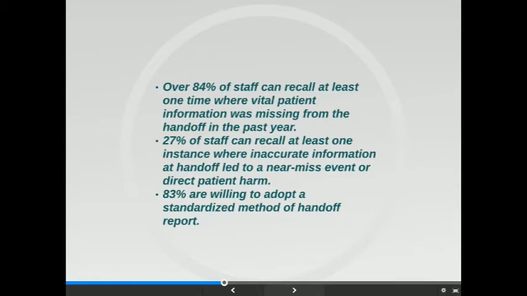Initial survey results indicated that over 84% of staff can recall at least one time where vital patient information was missing from the handoff report in the past year. 27% of staff can recall at least one instance where inaccurate information at handoff led to a near-miss event or direct patient harm. 83% are willing to adopt a standardized method of handoff report.